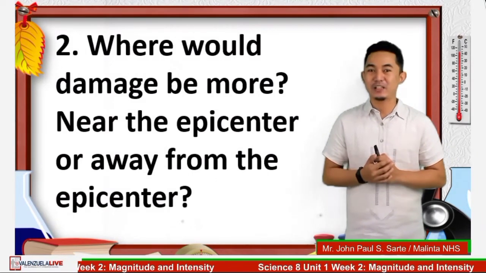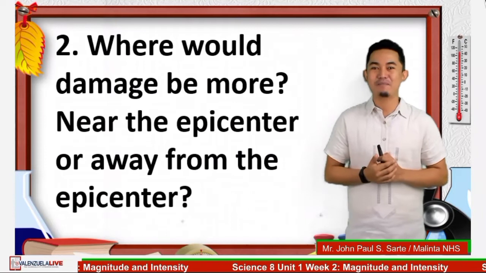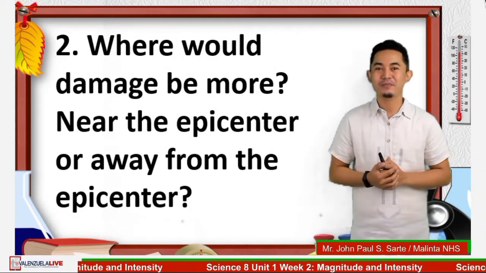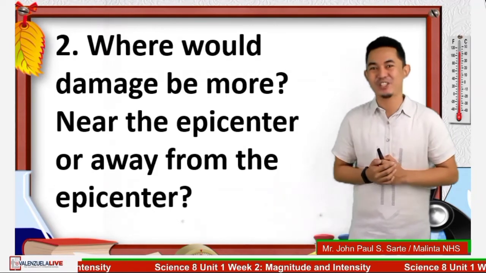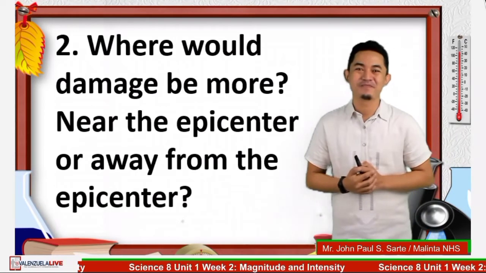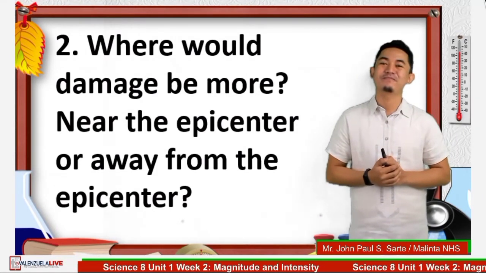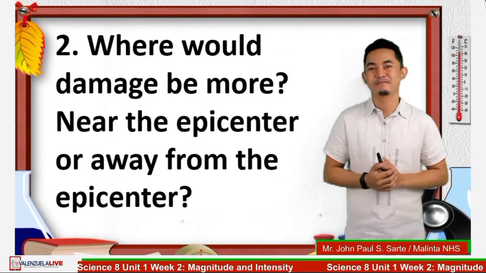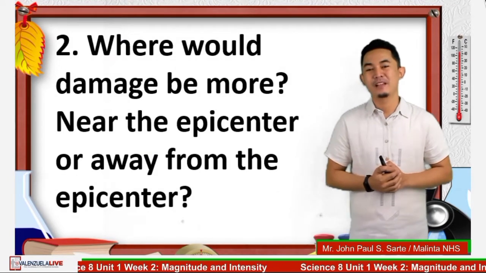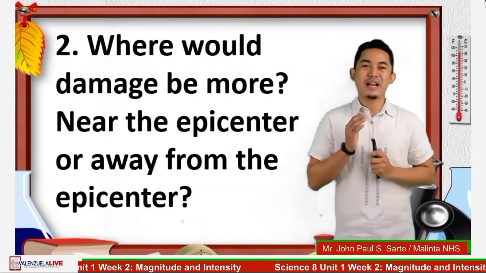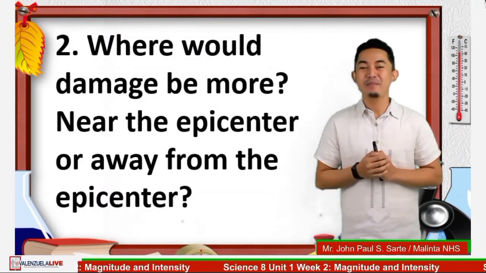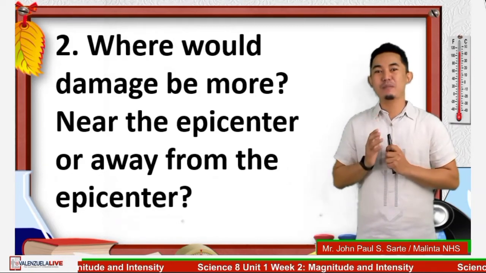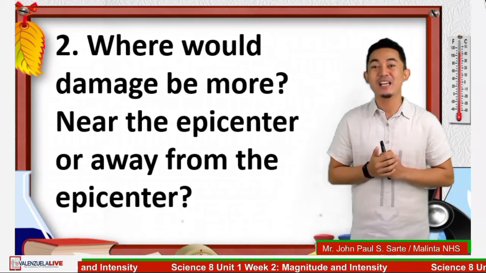Near the epicenter or away from the epicenter? Again, type now your answer in the comment section. Okay? The correct answer would be near the epicenter. The damage is more at the epicenter.